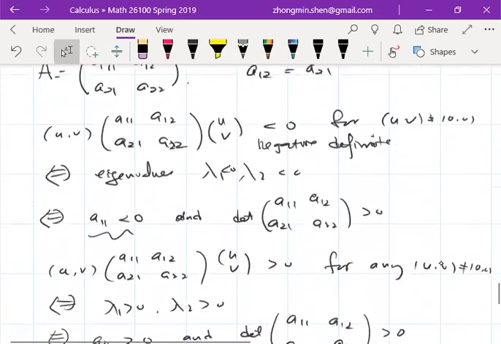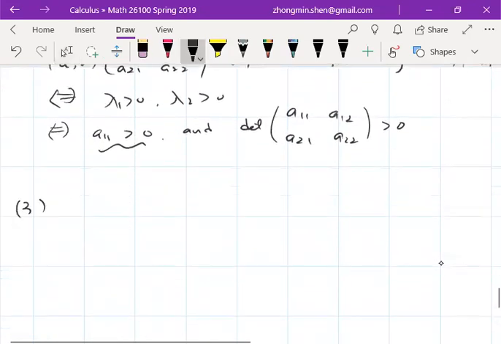Let me go back to the third part of the theorem.